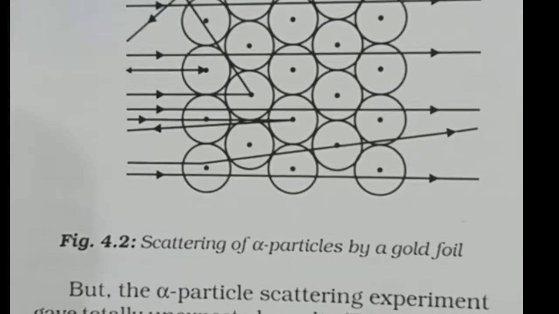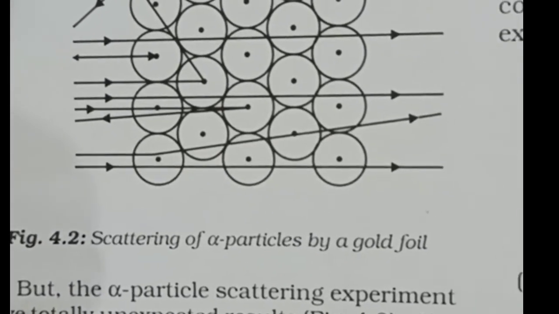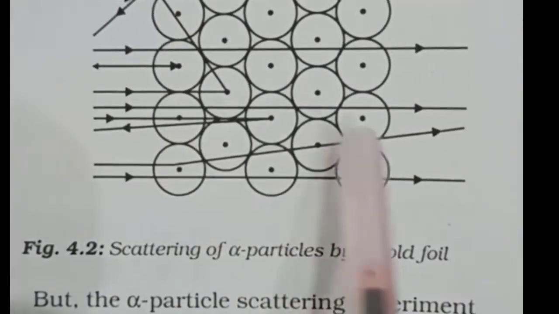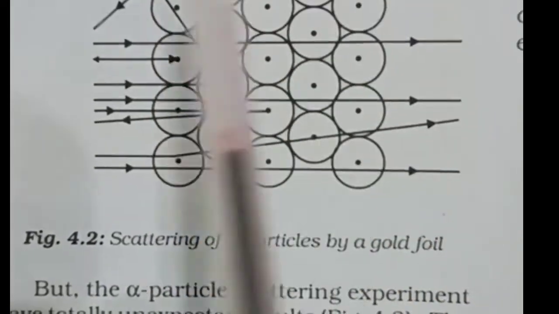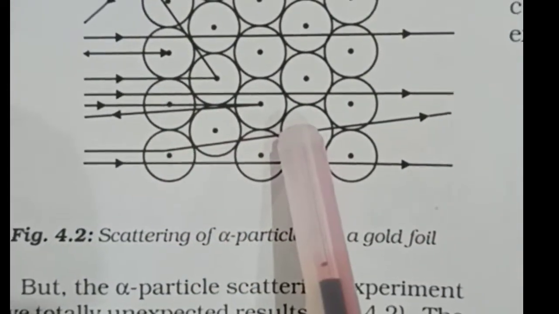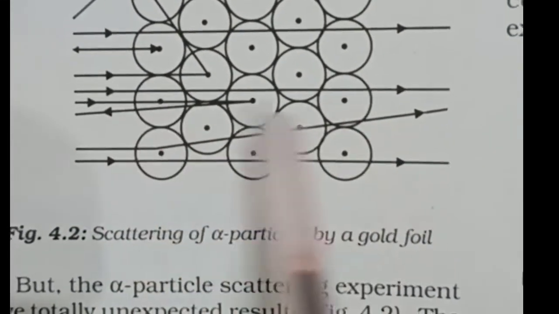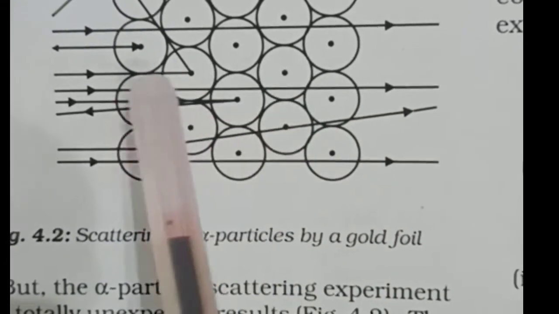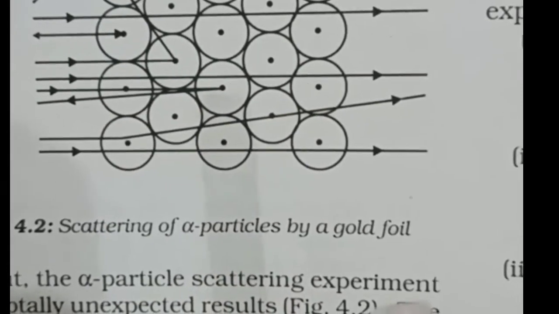It was observed that most of the alpha particles passed straight through the gold foil without any deflection from their original path.